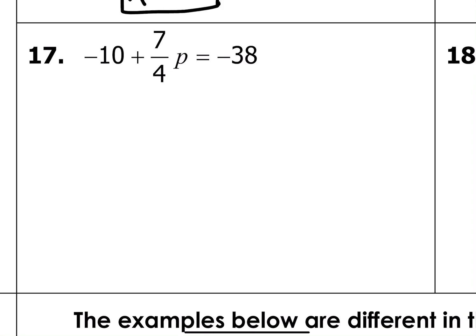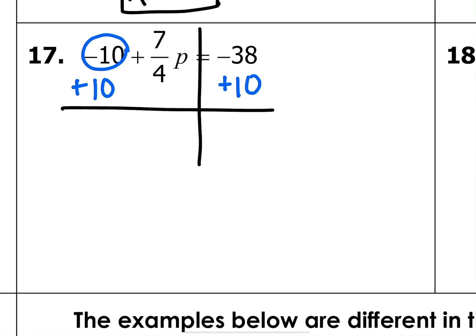Number 17. Same process. Eliminate the constant first. We have a negative 10, so we're going to add 10 to each side. 7/4 p equals negative 28. Our coefficient is a fraction, so we're going to multiply each side by the reciprocal.